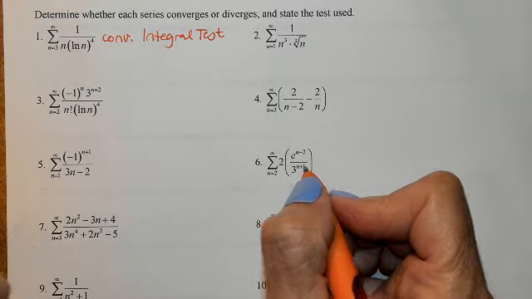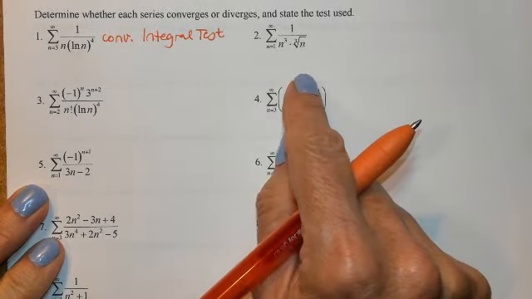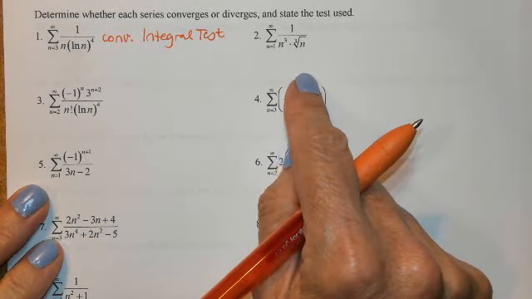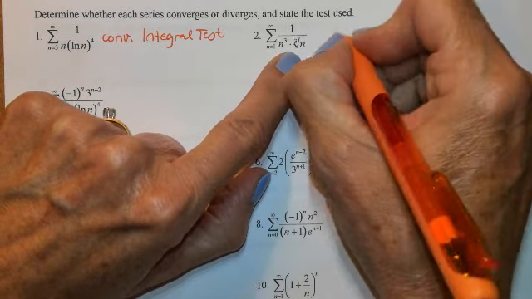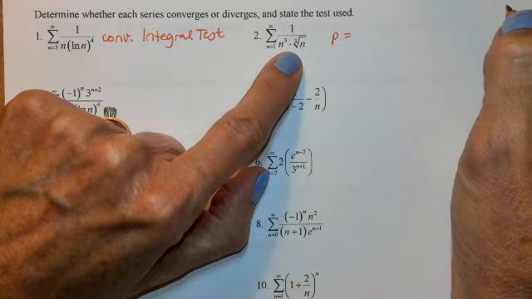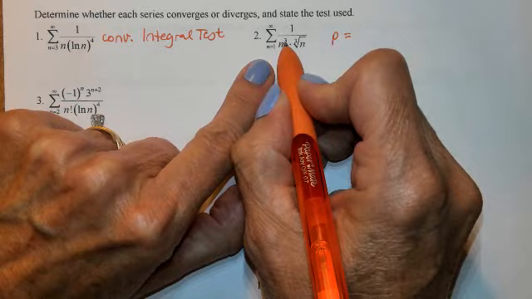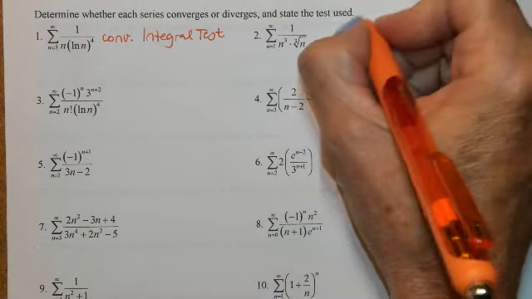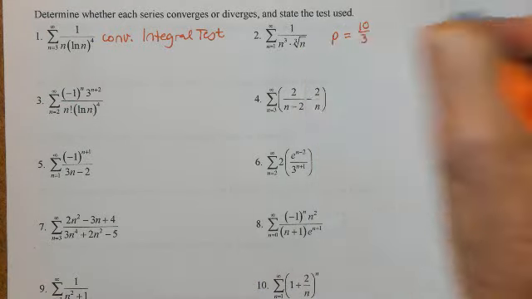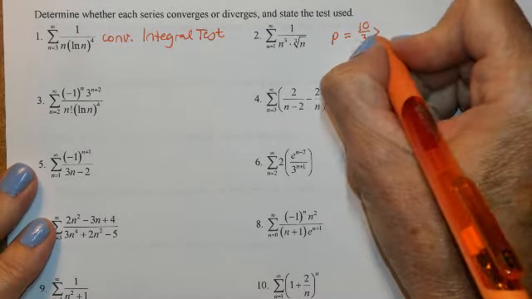What about number 2? What's happening over there? Well, that is a p series. What does p equal there? P is equal to 3 plus a third, which is 10/3, which is greater than 1.